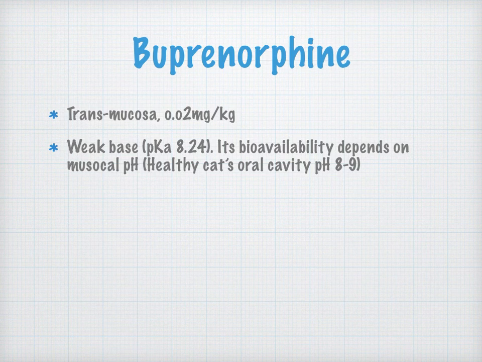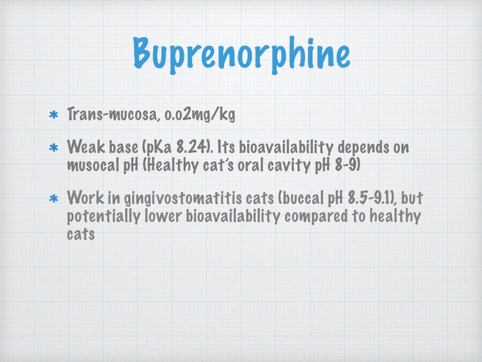Buprenorphine is a weak base. A healthy cat's oral cavity has a pH between 8 and 9, which favors this unionized form and enhances its bioavailability. The cats in this study had a buccal pH of 8.5 to 9.1.